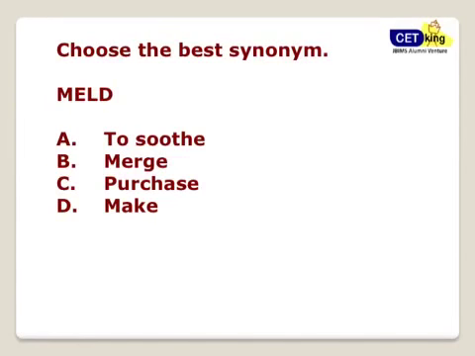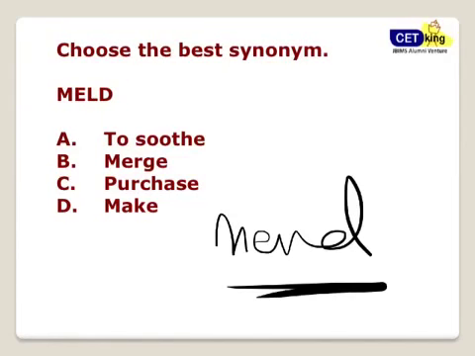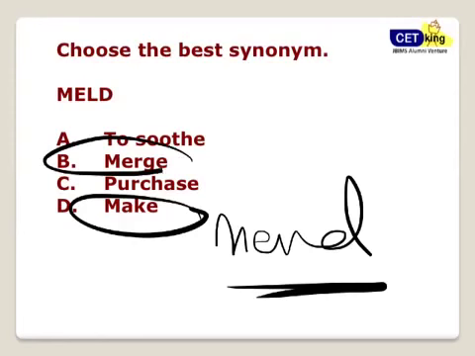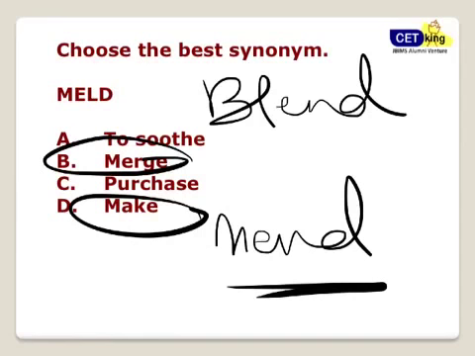Meld: if I don't know the meaning, I'd think of mend. Mend is to improve, change, something like that. Or to make something. But that's the wrong word. The actual answer is merge. Meld is the same as blend. Both have the same roots. So merge is the correct word.